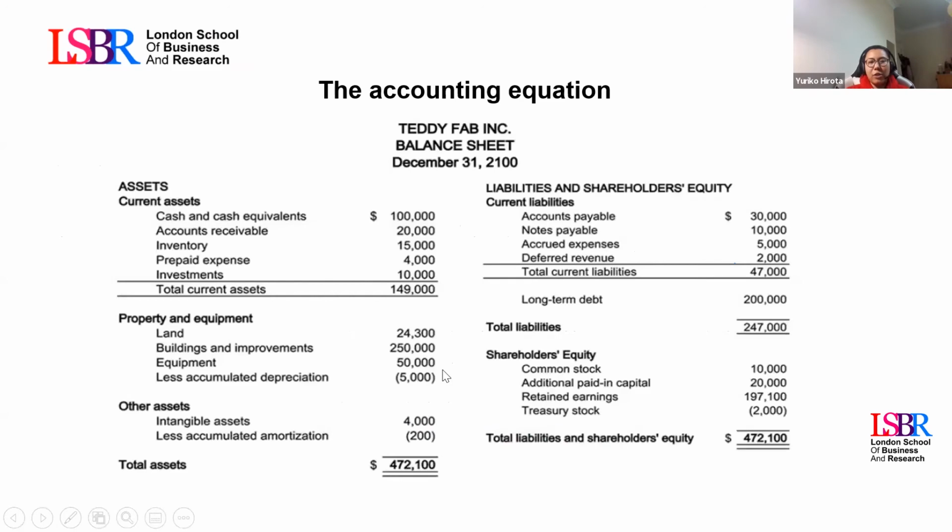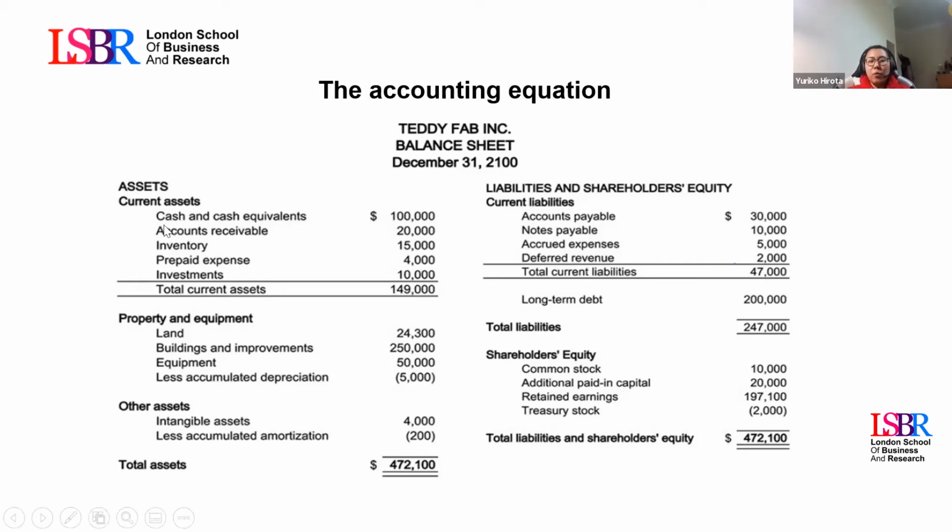For each movement, you need to affect liabilities or shareholders' equity, so every movement represents a movement in another part of the balance sheet.